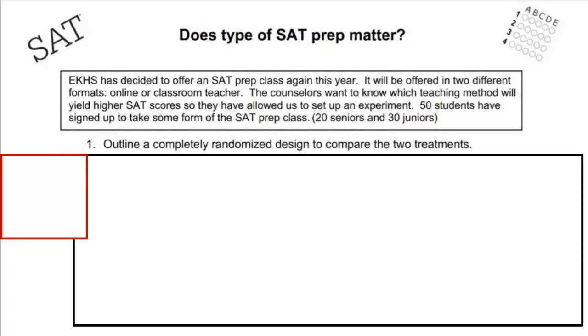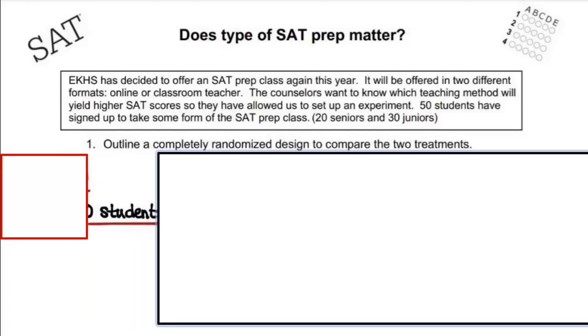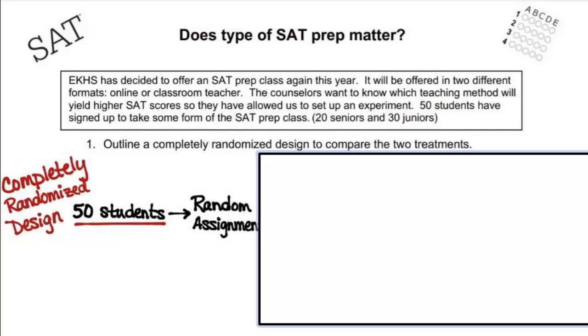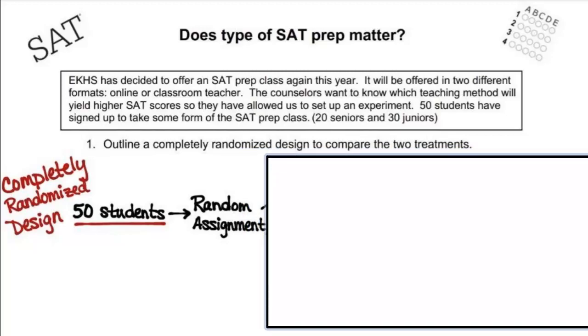All right, so we start off with our 50 students. This is our completely randomized design. We're going to use random assignment, which again, you guys need to lay out completely.